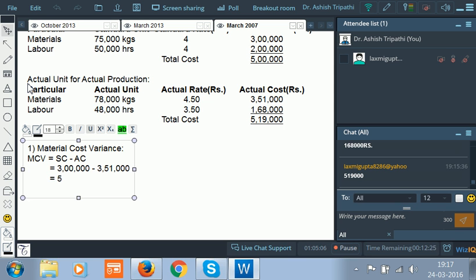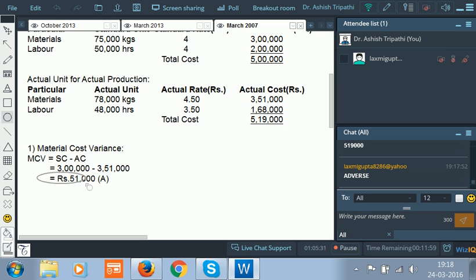So that is equal to negative 51,000. So we will say rupees 51,000. Correct. You are correct. 51,000 adverse. So let us circle this.